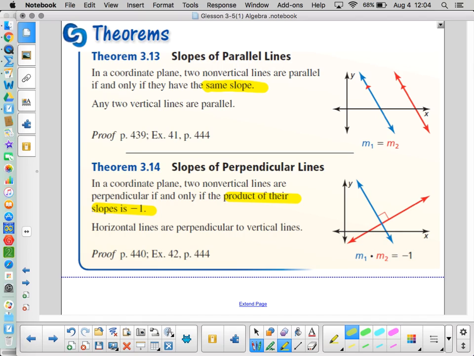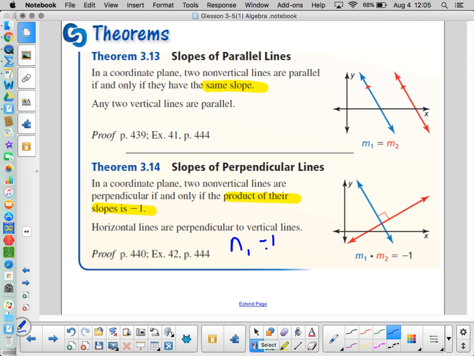The way we've talked about this, probably in algebra more than in geometry, is we say if the slope of one is n, the slope of the other one is -1 over n. It's the negative reciprocal of the first slope. And if you multiply those together, you get a product of -1. That's how we tell they're perpendicular.